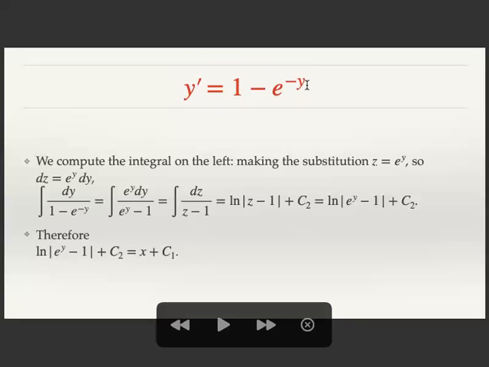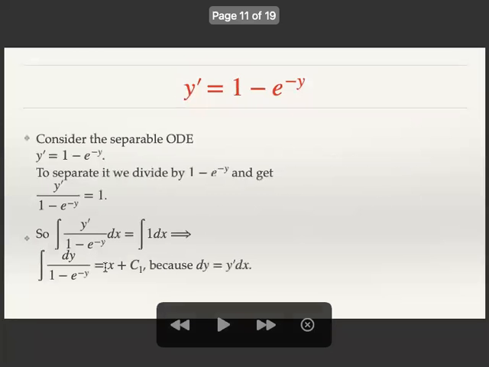So the unknown function is y. So we replace z by e to the y, and we get natural log of absolute value of e to the y minus 1 plus a constant. So natural log of absolute value of e to the y minus 1 plus a constant is equal to x plus another constant. So that was from the previous page. Here, it's equal to x plus a constant.